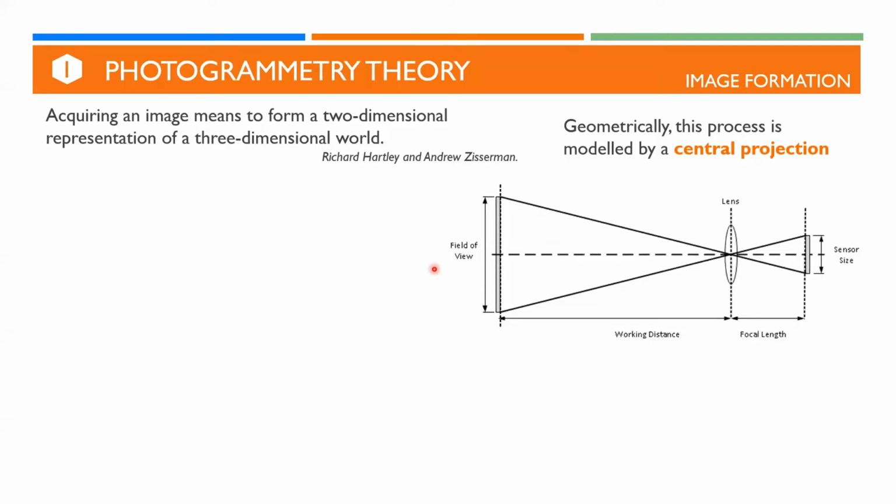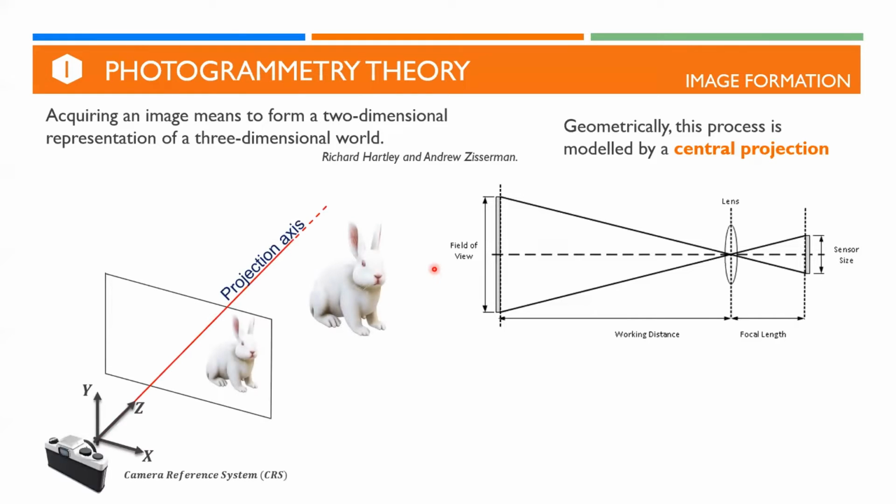So why is this a central projection? Because there is a projection ray that connects the reality, so what we see, into our 2D image. So as you can see here, we have our projection axis and our projection ray. They both start from C. C is the center of our camera.